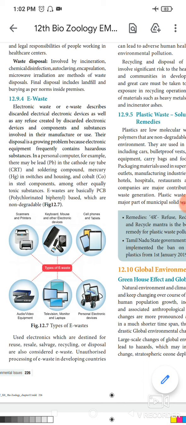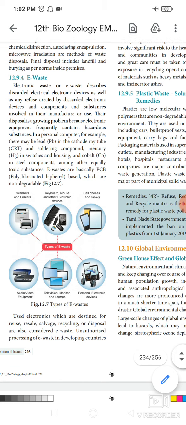E-waste is otherwise known as the electronic waste. It describes the discarded electronic devices as well as any refuse created by the discarded electronic devices and components and substances involved in their manufacture or use. Their disposal is a growing problem because electronic equipment frequently contains hazardous substances.